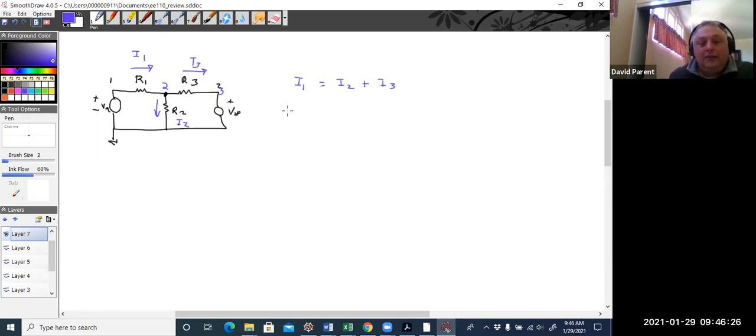Then you have to use Ohm's law to find I1, I2, and I3. Now it can help to put in our pluses and our minuses, making sure that the plus is at the beginning of the arrow and the negative is at the pointy end.